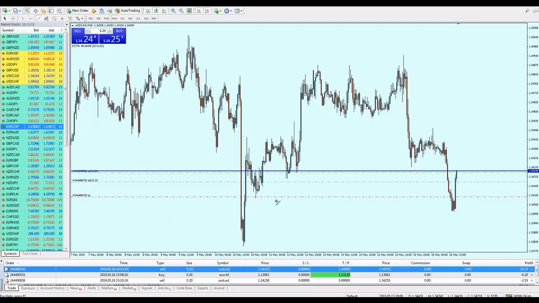So let me now try to find a resistance, and I have a resistance here. What I have done is connect this high to this other high and create this trend line. So what I'm going to do is move this trend line and check this out. Check it out. That is perfect.